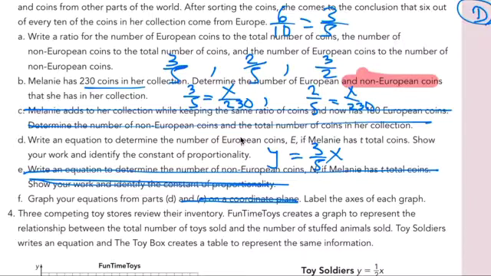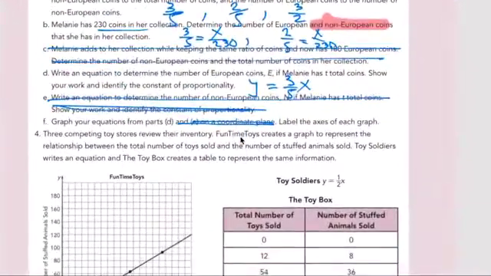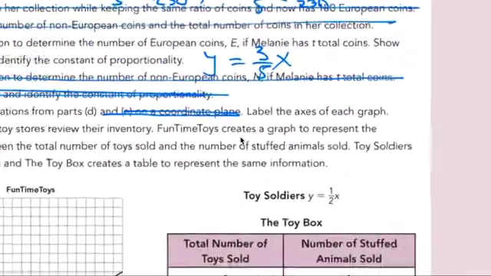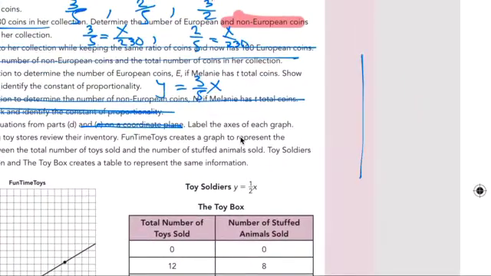Graph, part D. Okay. Well, if you have a graph, then you do numbers. If you don't, you can do this too. This is your Y, that's the European coin, right? European.